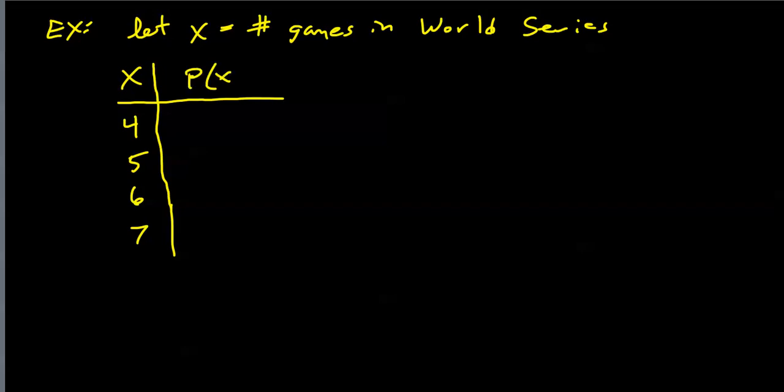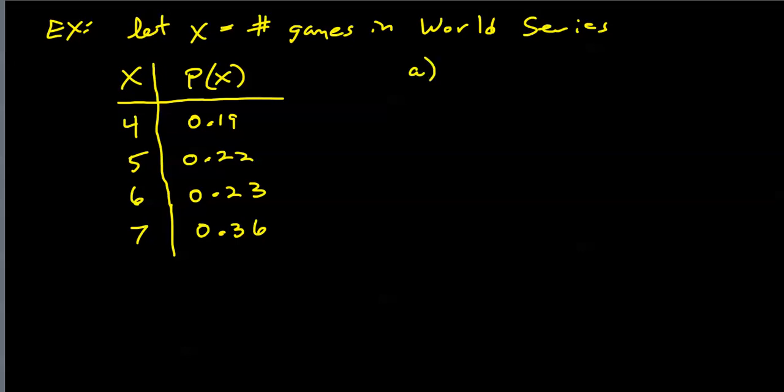We're going to look at some raw data here. Each of these probabilities is computed based on a study of all previous World Series of all time, so we base our probabilities on the past history of the game. I'm going to ask 2 things.